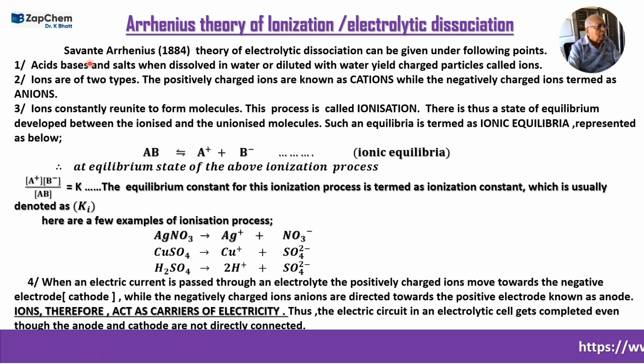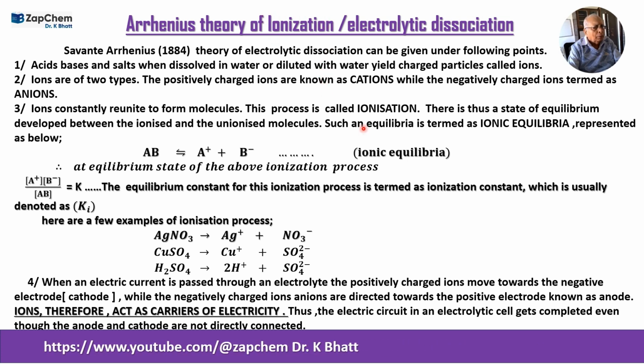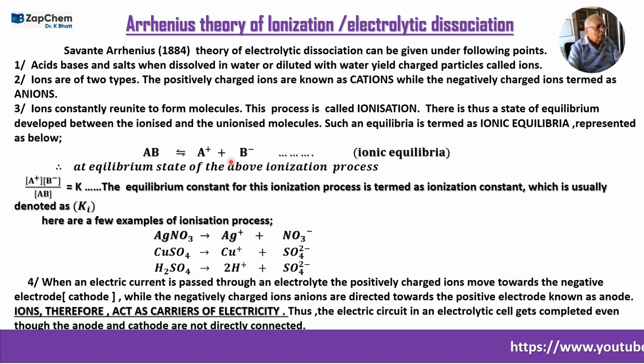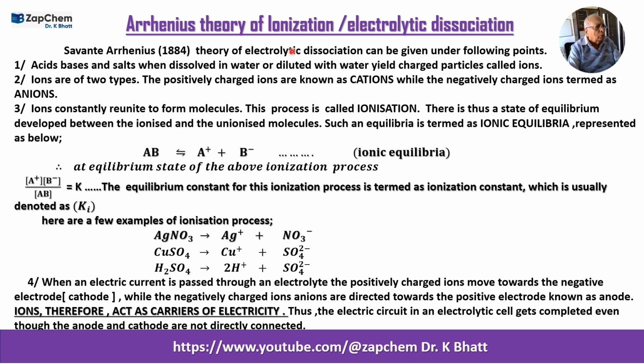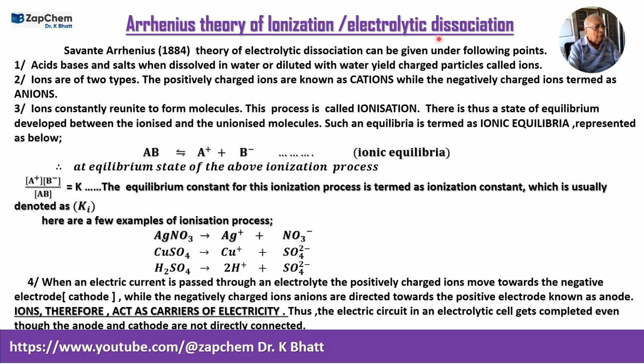There has been a theory of ionization given by Svante Arrhenius in the year 1884, which gives us an idea about what is ionization and ionic equilibria and what are the products, how you can get it. So we have to go through Arrhenius theory of electric dissociation or Arrhenius theory of ionization.